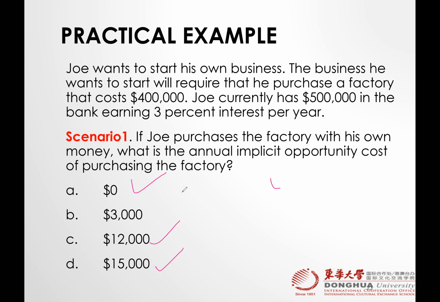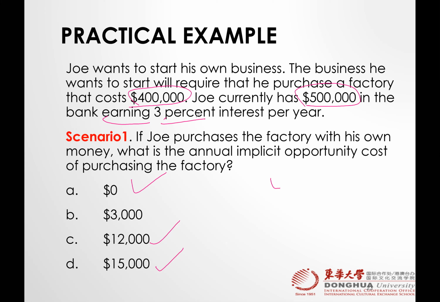In this question, it will further clarify your knowledge. So here we go. Joe wants to start his own business. The business he wants to start will require that he purchase a factory costing 400,000. Joe currently has 500,000 in the bank and he's earning 3% interest, right?